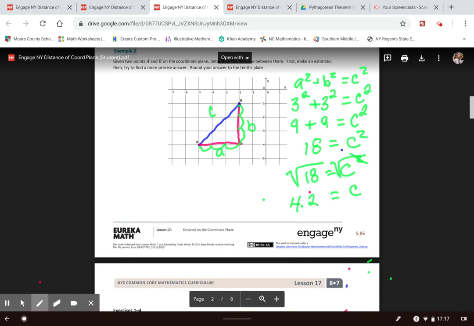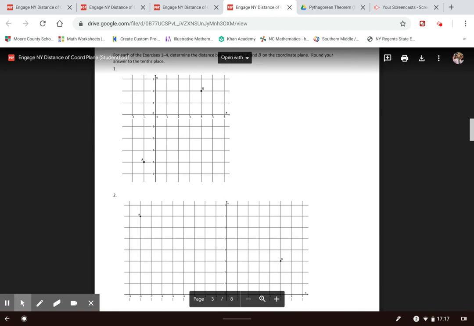Okay, so we'll try one more together. And if you feel comfortable with this, you can go ahead and go over to the exercises. If not, you can stay with me for one more. So again, I'm looking for my diagonal distance between A and B. So I make my right triangle.